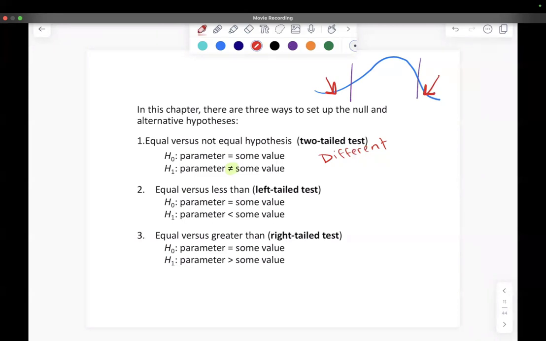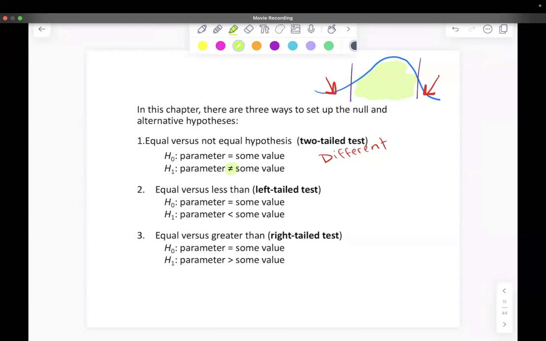I have evidence that my alternative hypothesis is true. If I land anywhere outside of the confidence interval, which is in here, I have evidence. If my sample information lands in there, then I have not shown my alternative hypothesis to be true. That's for a two-tailed test.